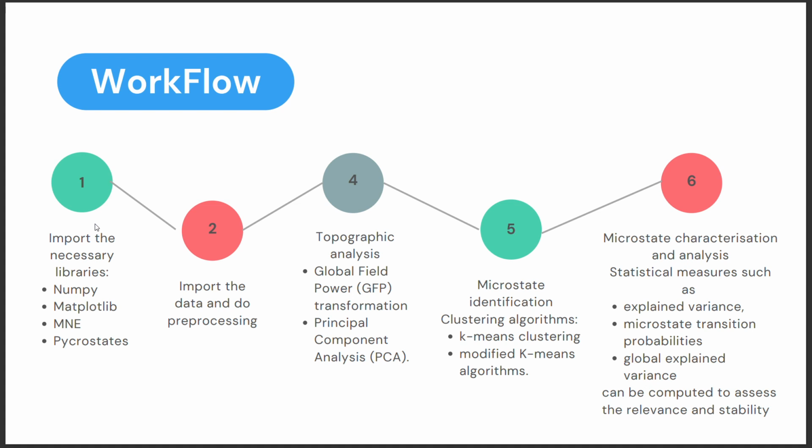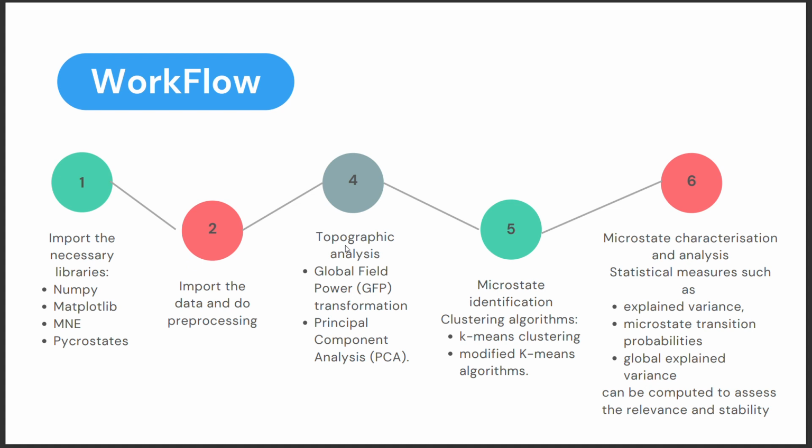For the project, firstly, some basic understanding of EEG, microstates, and all the necessary programming languages was acquired in the first 2 or 3 weeks. Now, once I had the basic understanding, I imported the data and did the necessary pre-processing. When I'm saying imported the data, it means the data that was used for this project was open source.